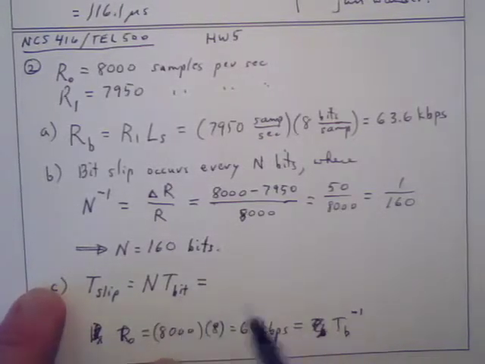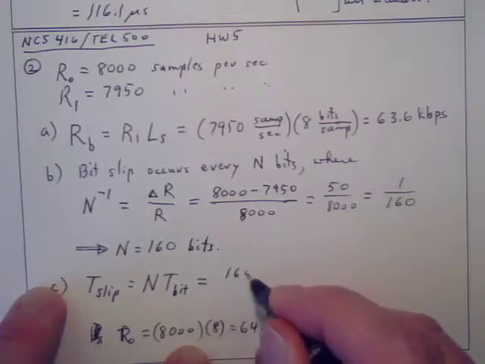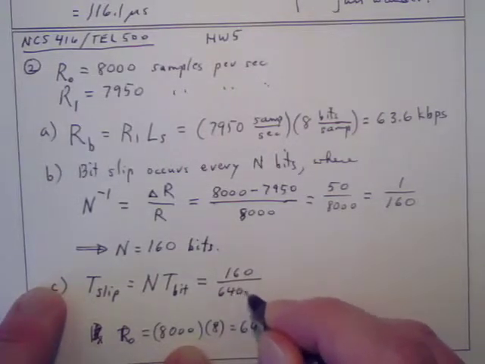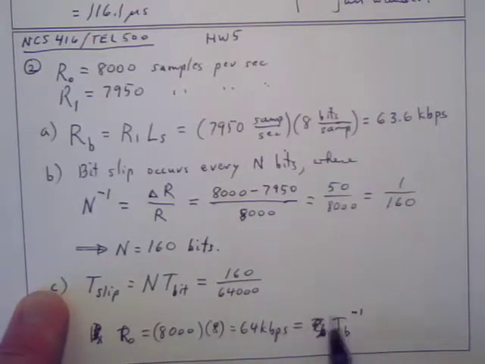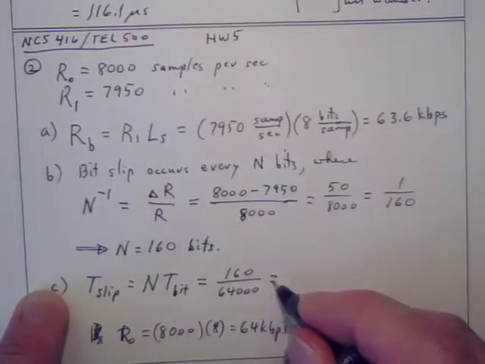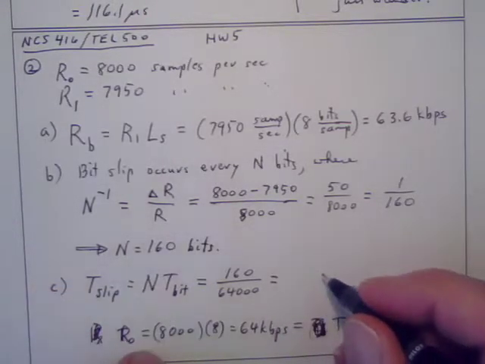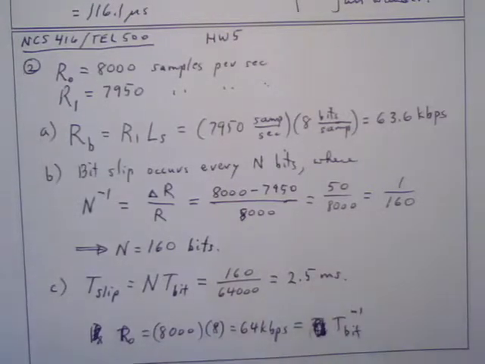And so the bit period is 1/64,000th. Okay, and so I have 160 as n, and 1/64,000th as t-bit. And so when you multiply this out, I get 2.5 milliseconds.